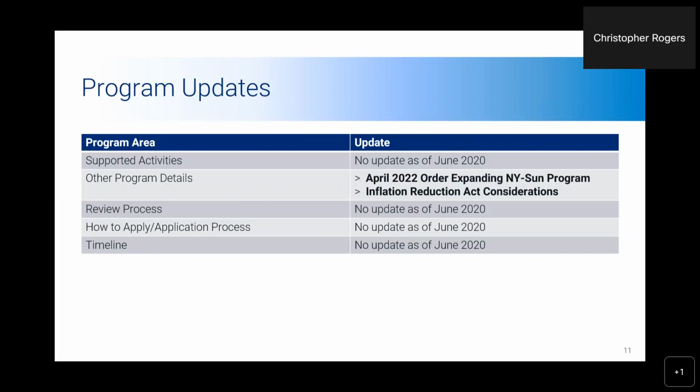Before that, I just want to make a brief reminder: the added incentive for projects that are built directly on regulated multifamily affordable housing was expanded to the Long Island region. This is separate from this grant program itself, but projects that are built on regulated affordable housing in Long Island are eligible to receive a $1 per watt subsidy through the New York Sun program. Previously, there were no incentives available.